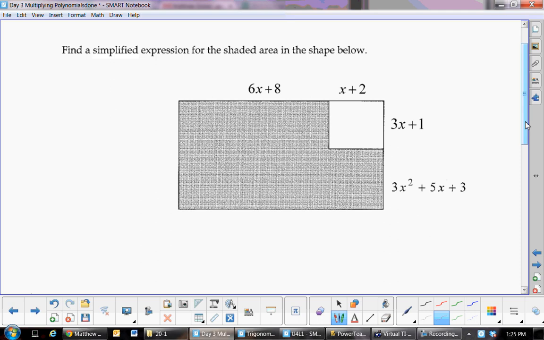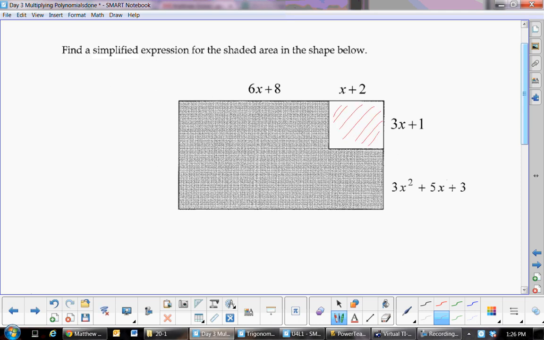Right, so if you take the entire area of all of it, and just subtract that little corner, now can you find the area of the corner? How would you do that? Multiply x plus 2 times 3x plus 1, right? That would get you that.